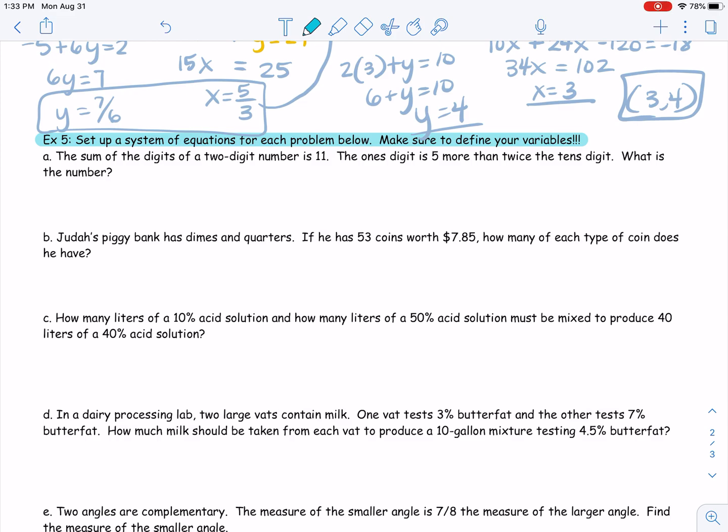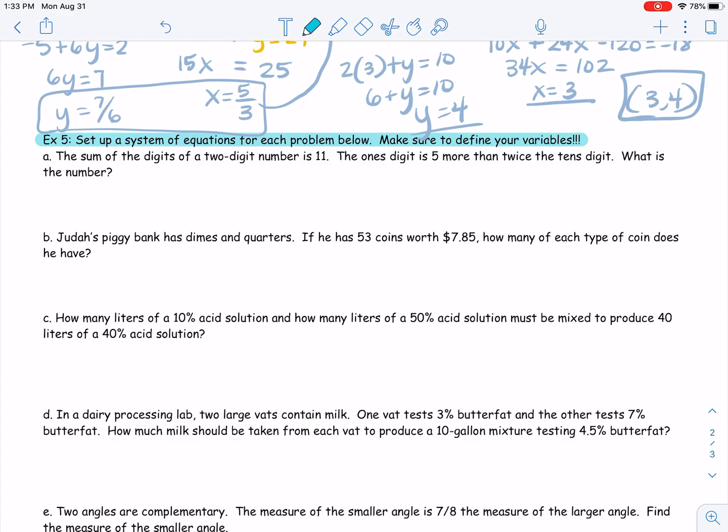So it says the sum of the digits of a 2-digit number is 11. The ones digit is 5 more than twice the tens digit. Okay, what is the number? So we are talking about a 2-digit number, and it's giving us information about the ones digit and the tens digit.